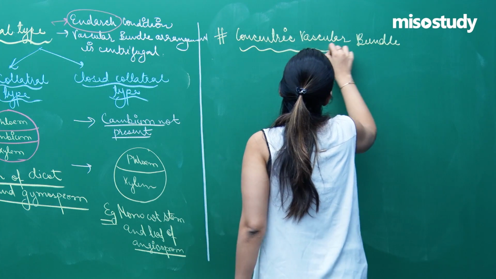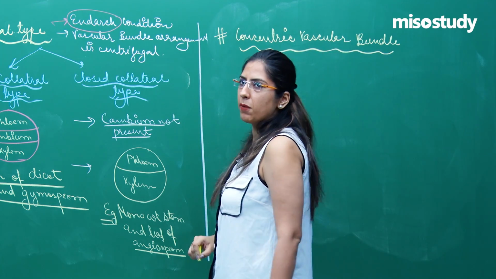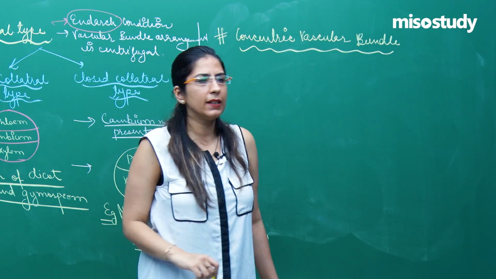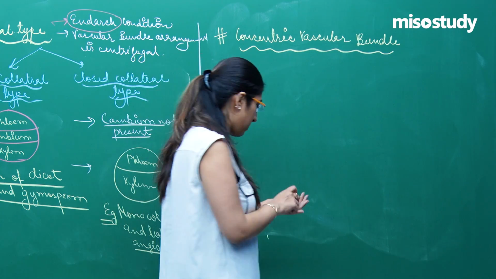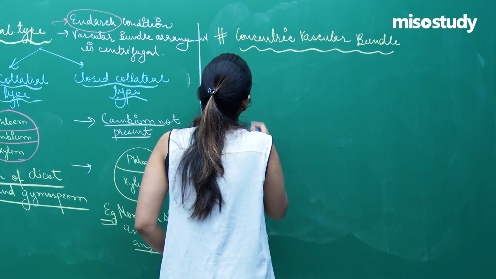In the earlier type, we have discussed that the phloem is present towards the periphery. But in this case, sometimes the phloem is present in the periphery, sometimes the xylem is present in the periphery.